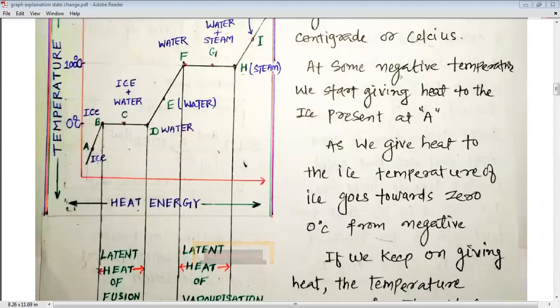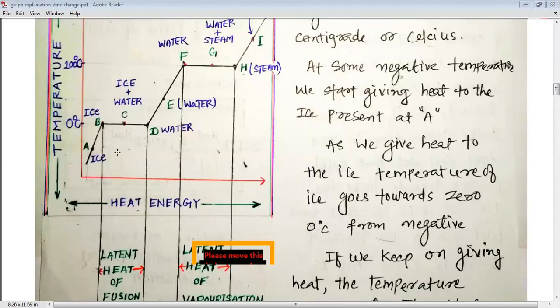The ice which we have taken at point A was around 1 kilogram of ice. This 1 kilogram of ice has been taken from point A to point B by giving heat energy.